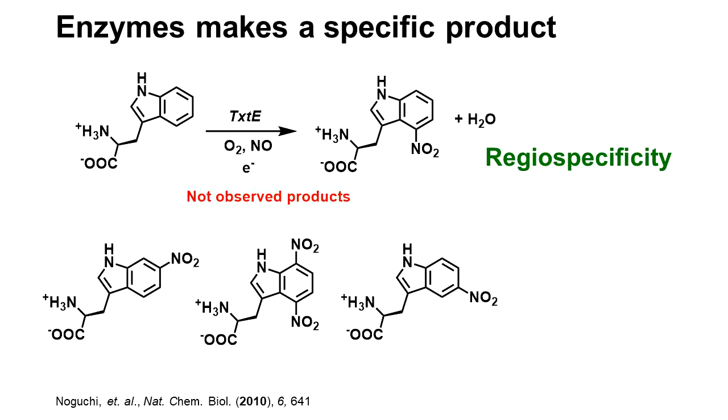It doesn't end up in other parts of the ring, or add two nitro groups instead of one. It all ends up in one position, and so that's an example of regiospecificity. The region in which the chemistry occurs is consistent for the enzyme.